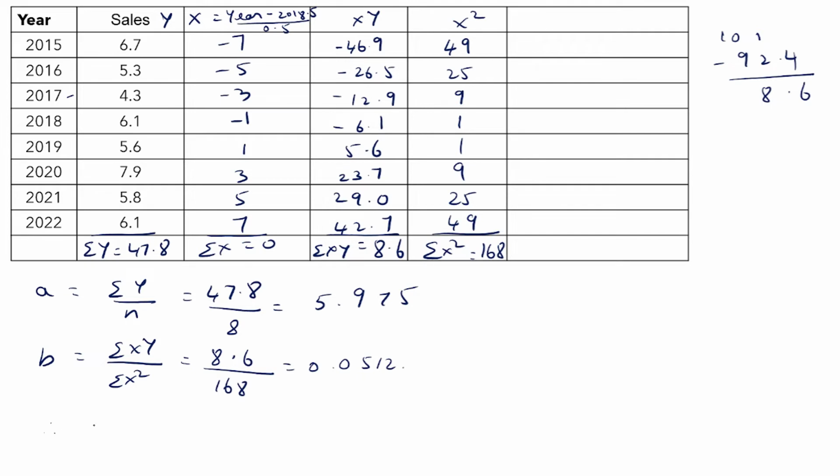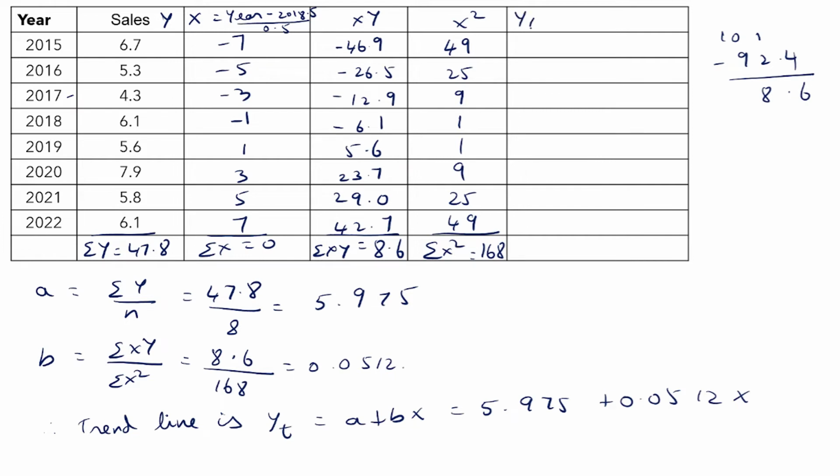So we got the trend line. Therefore, trend line is yt is equal to a plus bx, which is 5.975 plus 0.0512x. Now we can find the trend values.